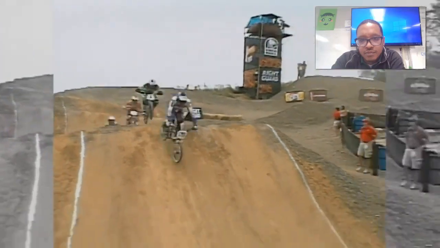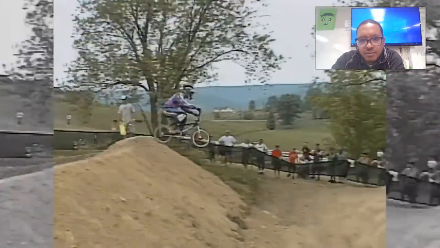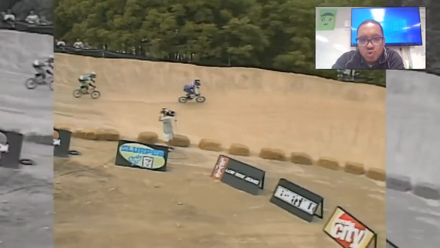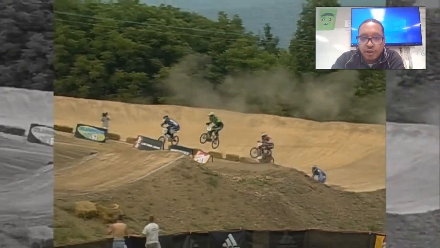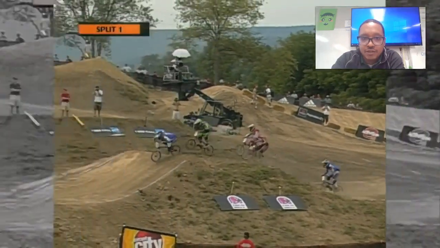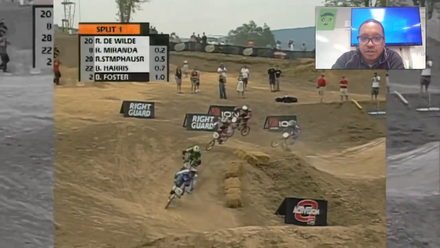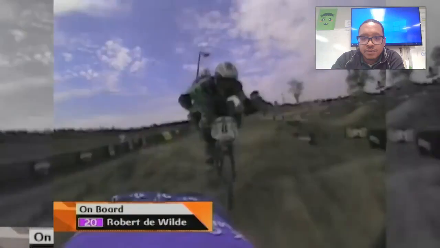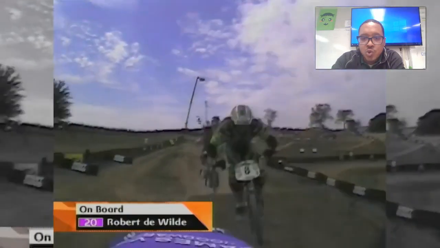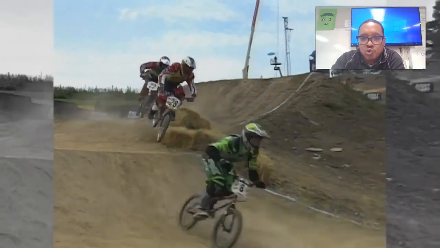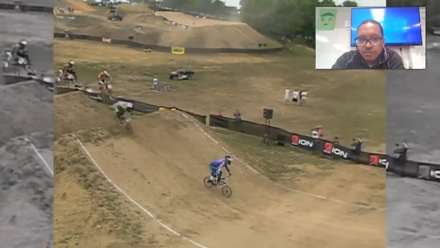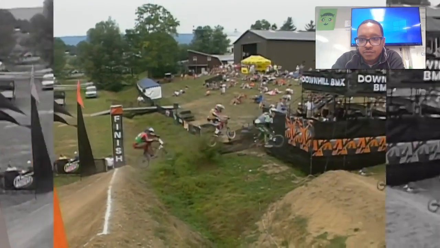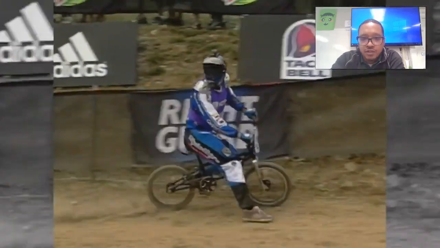And also Brian Foster, the 2001 silver medalist, stuck in 5th place, Craig. DeWild, he's opening it up once again. They're going pretty fast. Foster trying to make some moves as the split times come up. DeWild, Miranda, Stumphauser, and Harris. Brian Foster, this guy is clever. He can get around him at any time. Wow. Robbie Miranda is off the track. Whoa, Robbie holds on though for 2nd place and advances.